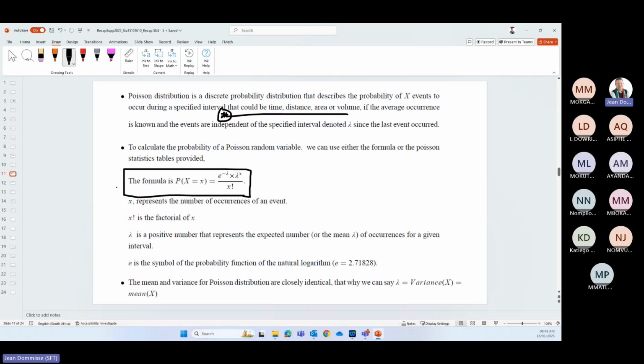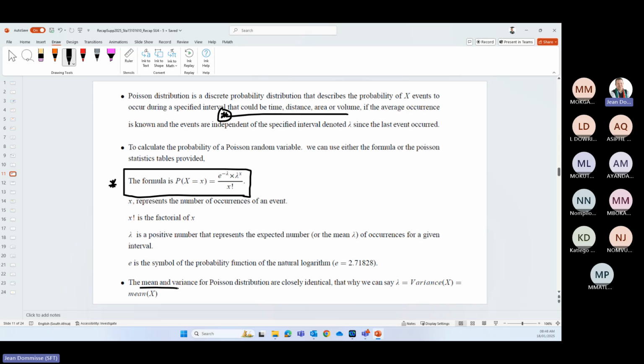But important again, if they give you the lambda and maybe x, that you can write that in the formula way.